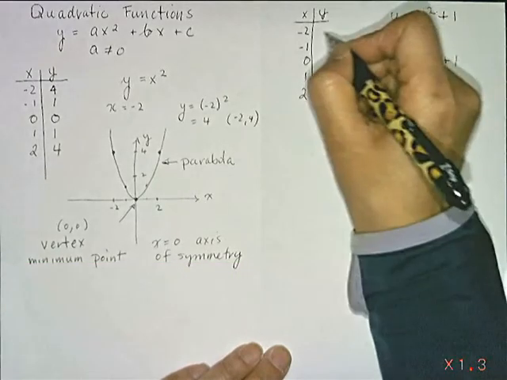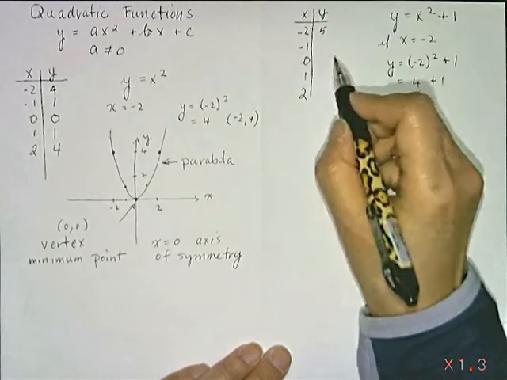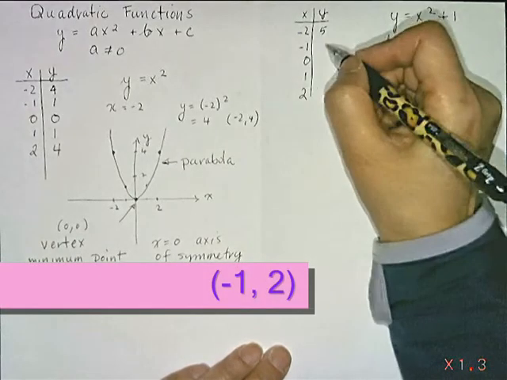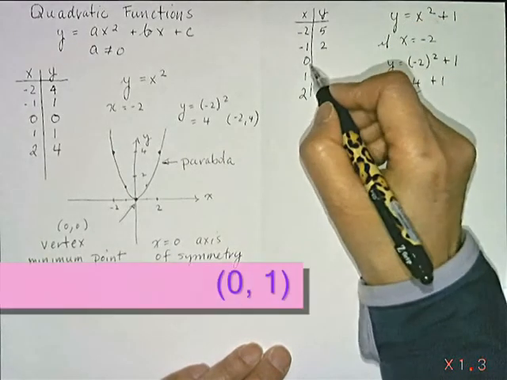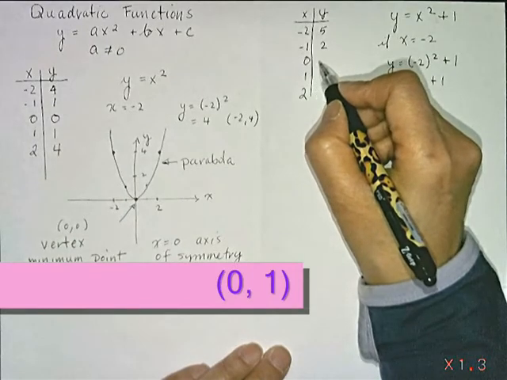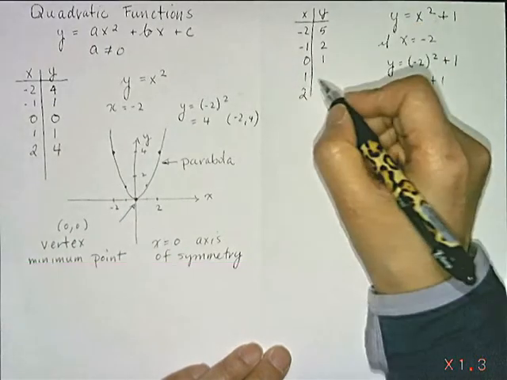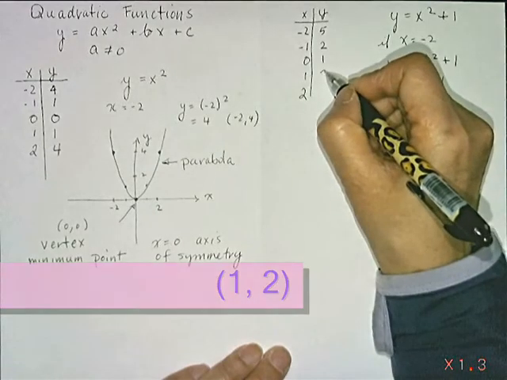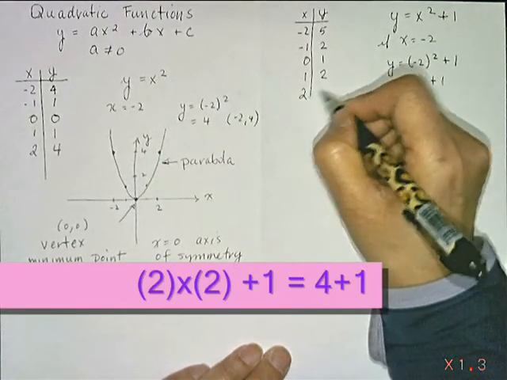So this value is 5. I square this. 1 times 1 is 1, plus 1 is 2. 0 times 0 is 0, plus 1 is 1. 1 times 1 is 1, plus 1 is 2. 2 times 2 is 4, plus 1 is 5.